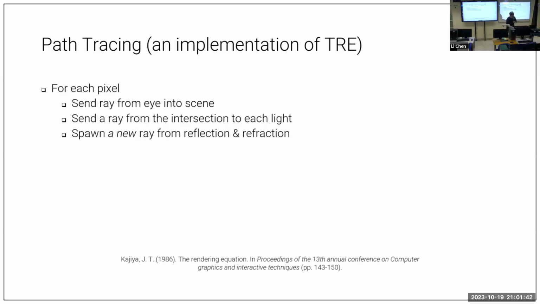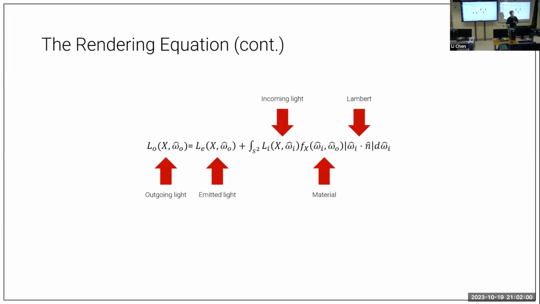Then this is very important: send the ray from the intersection to each light. Oh, this is super smart, actually. Still remember, when we talked about the rendering equation, you need the light to end the recursive algorithm.